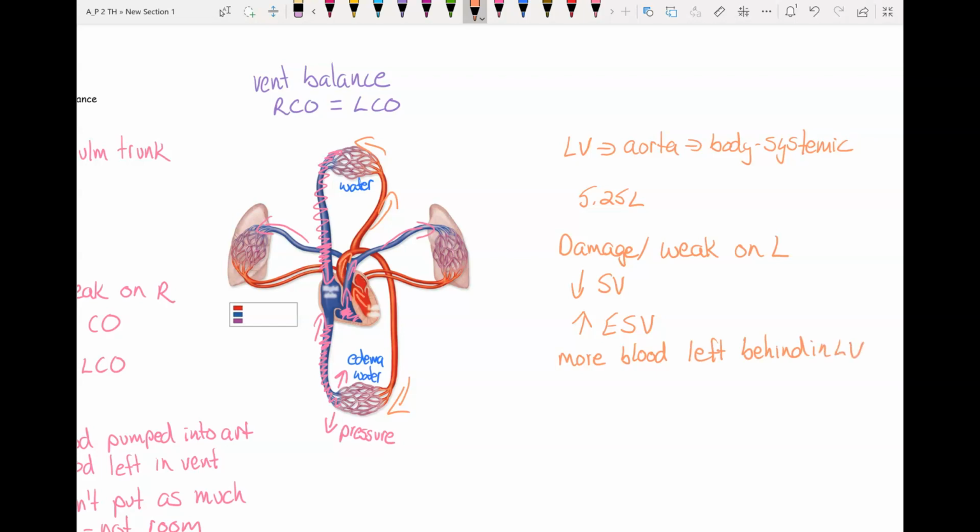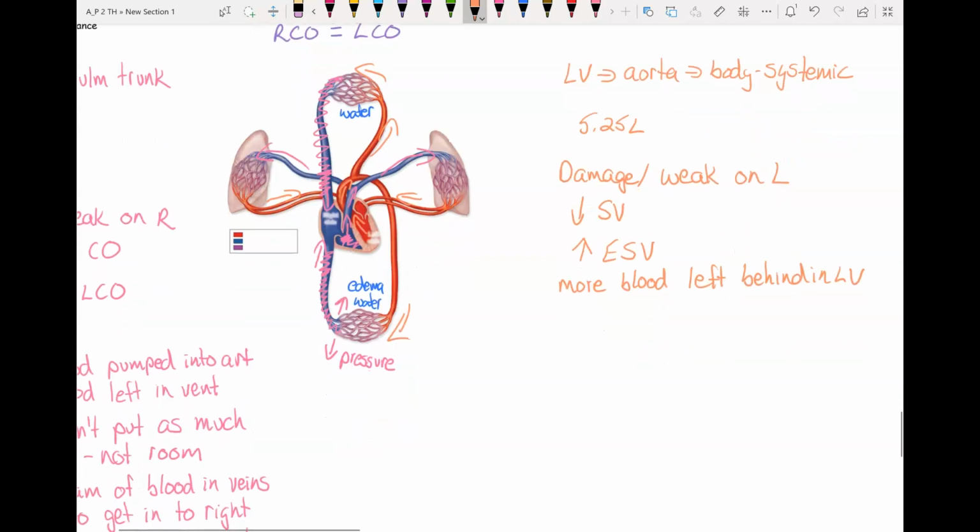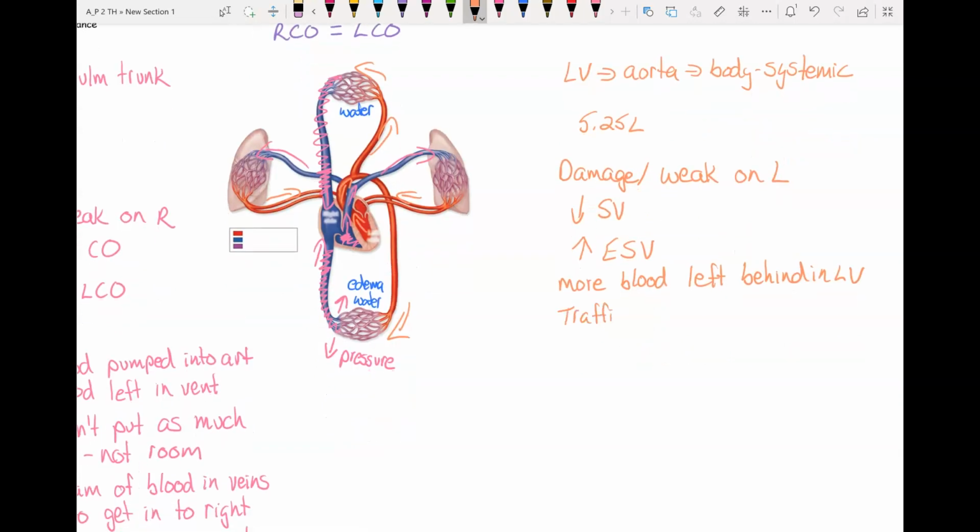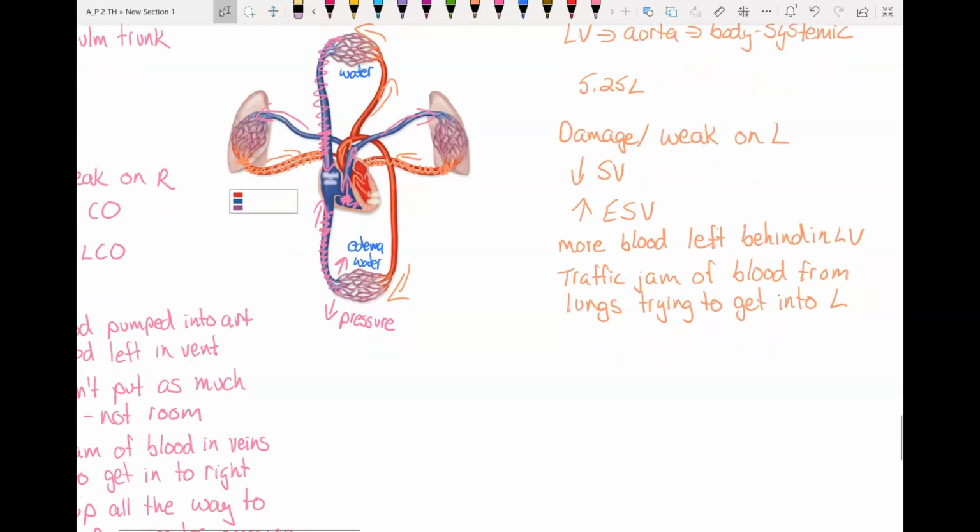So now you get a traffic jam of blood trying to get into the left side of the heart. Well, the blood coming into the left side of the heart is coming from the lungs. So now it's here in these pulmonary veins where you have the traffic jam, and you get that buildup, and that buildup goes all the way back to your pulmonary capillaries.